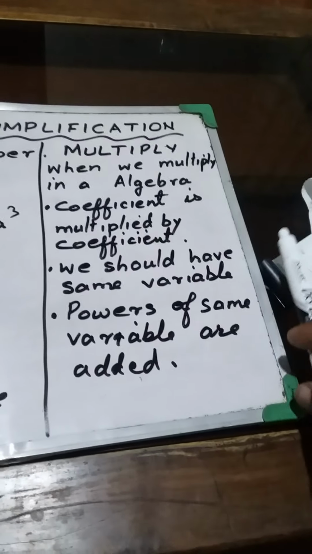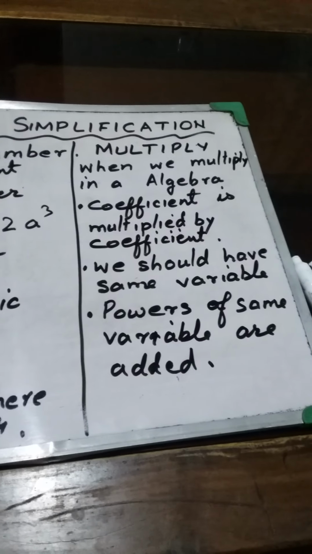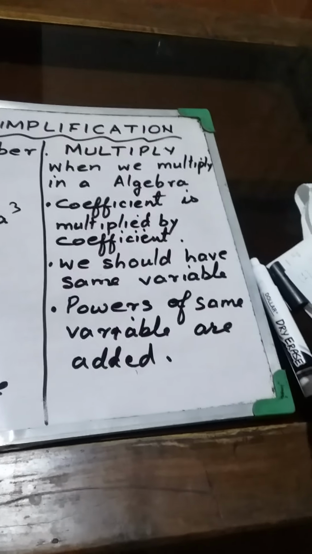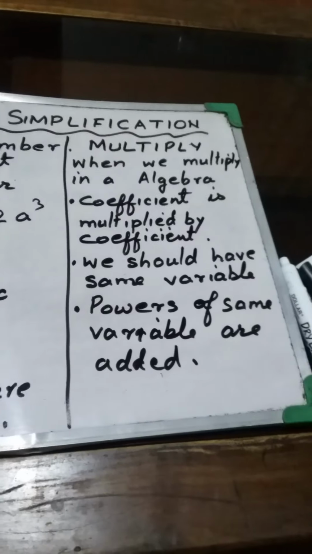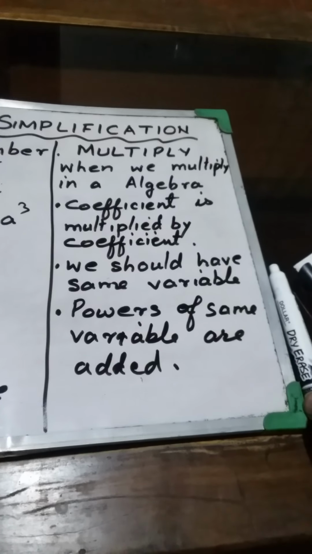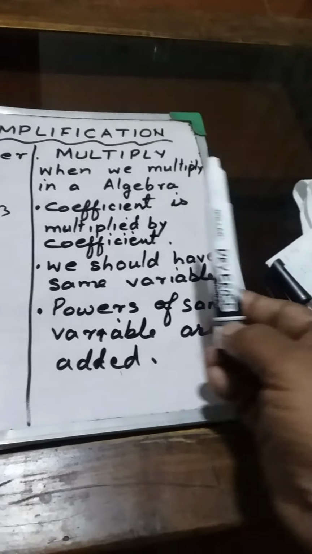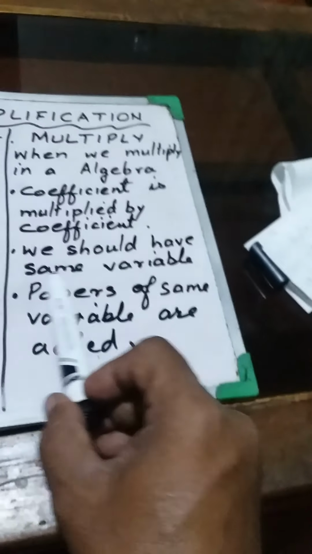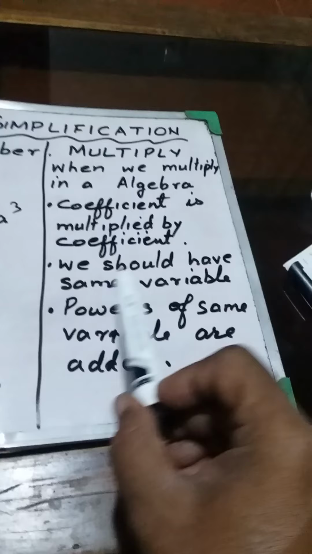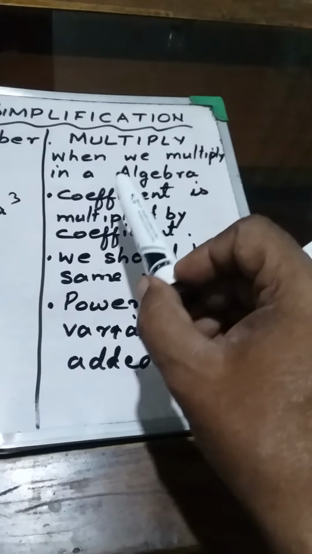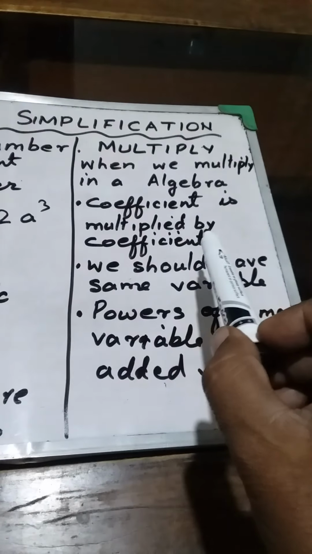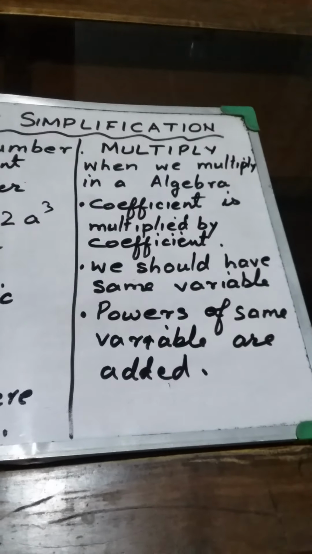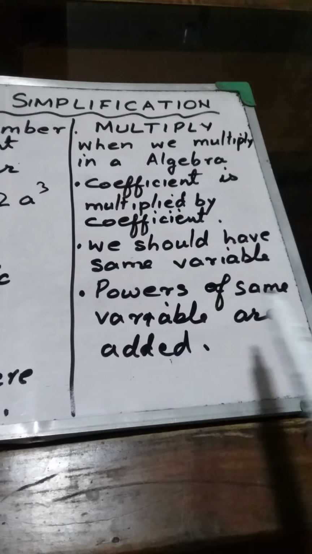When we multiply, the procedure is more or less the same: we should first see whether the variables are the same or not. If our variables are the same, we multiply the coefficient with the coefficient of the other one, and we add the powers.